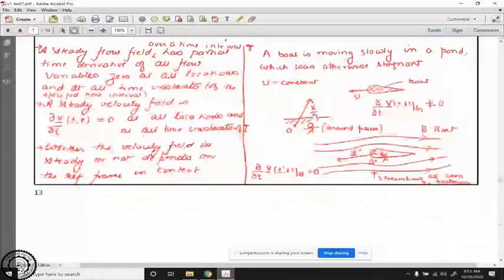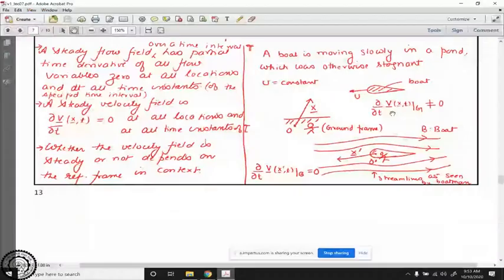See, what I'm saying here is, in the first case, if you are the observer sitting here and you are interested in the mechanics of the fluid in the pond, which is of course water, what velocity field will you be tracking?